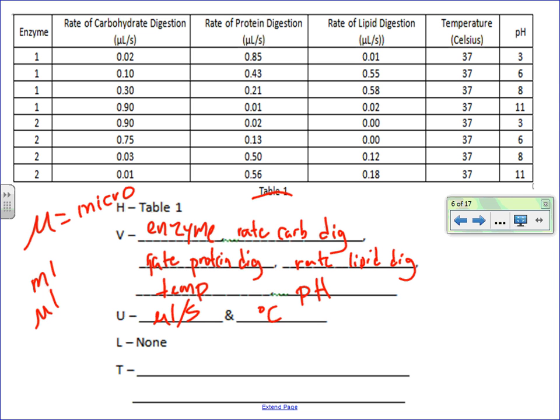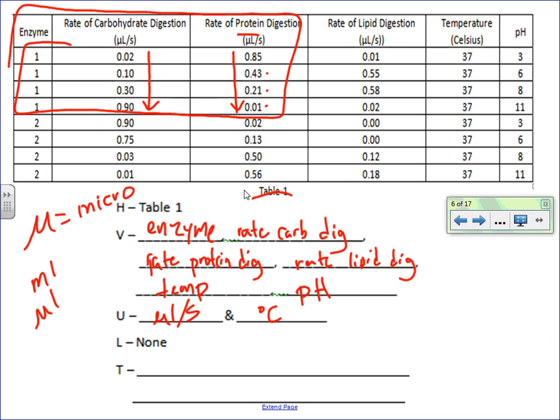Nice. For both enzymes? Let's see, for enzyme 1, you're saying as carbohydrate digestion increases, you move down that way. And as you move in the same direction for proteins, the numbers actually get smaller. Nice. Perfect.